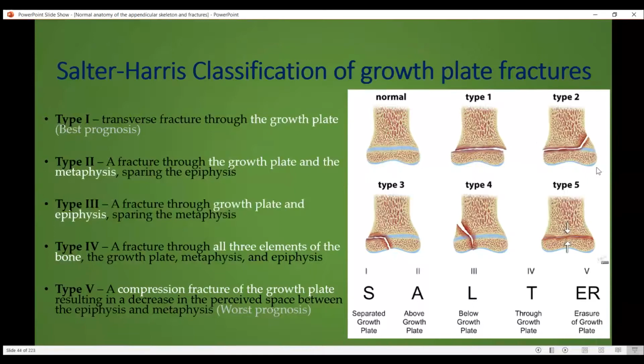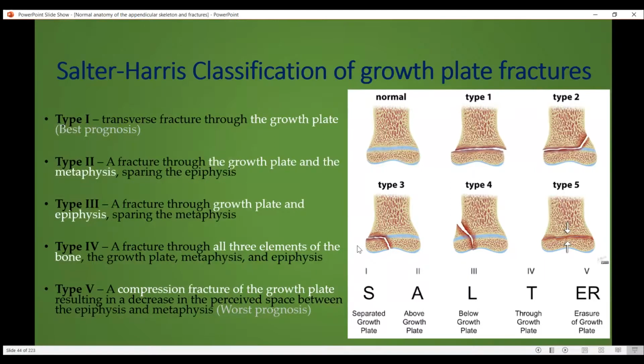But in type 3, there will be a growth plate fracture along with an epiphyseal part fracture. Here in type 2 there is the metaphysis fracture, and in type 3 there is the epiphysis part fracture. So this is called Salter-Harris type 3.